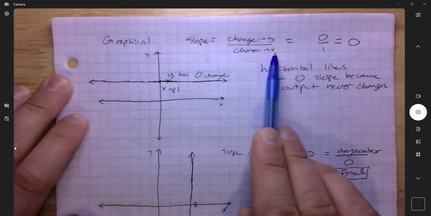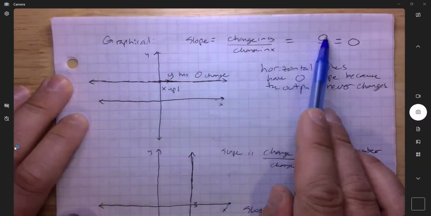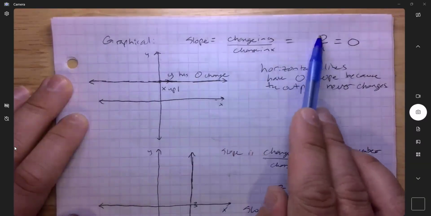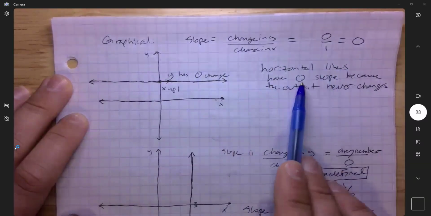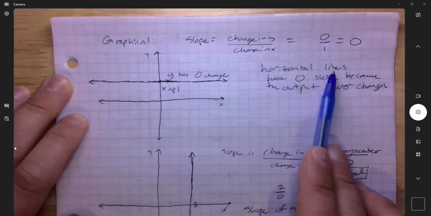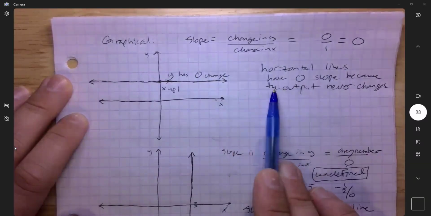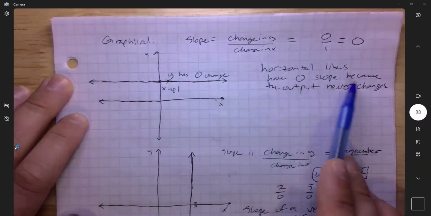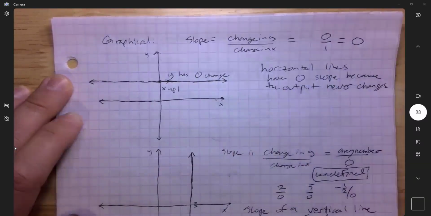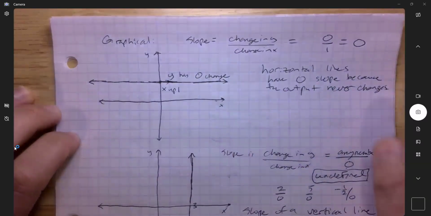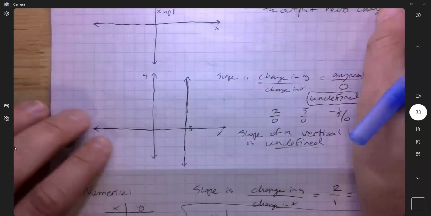Slope is change in y over change in x. So the change in y is 0 when the change in x is 1. So the slope is 0. Horizontal lines have 0 slope because the output never changes. The change in the output is always 0, so the slope is 0. The rate of change is 0.